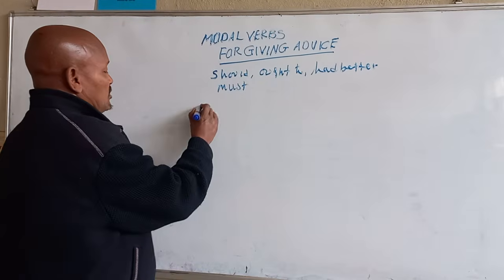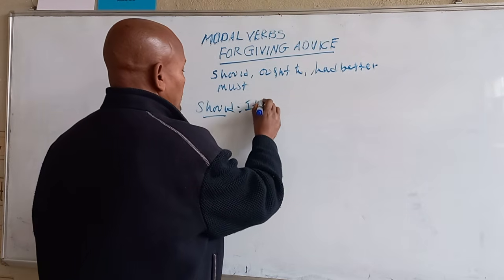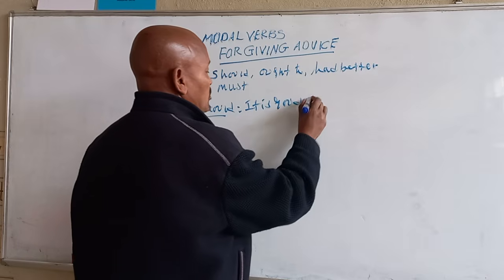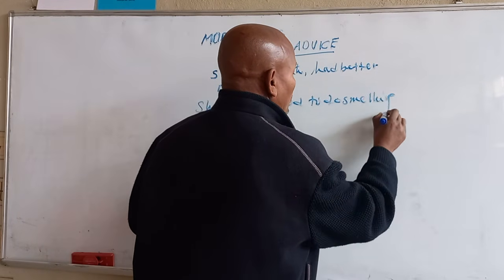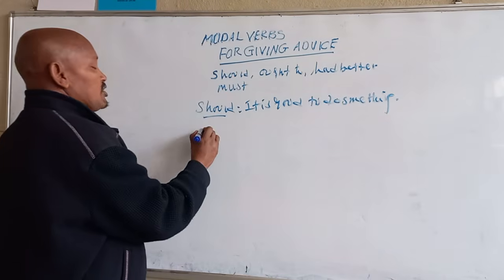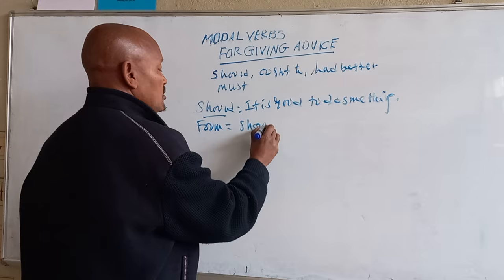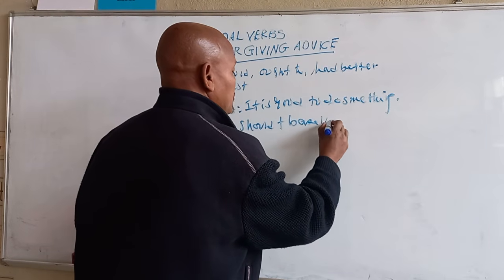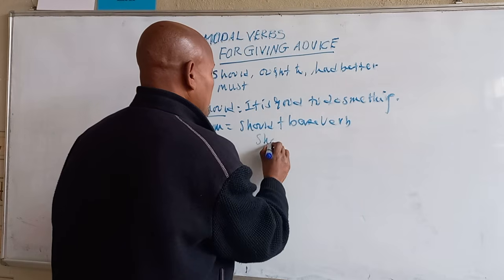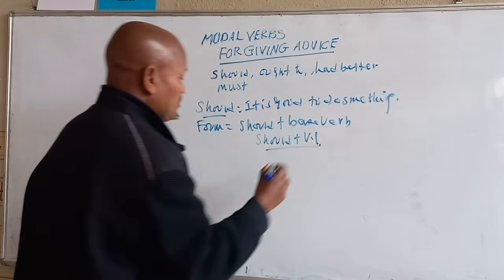The first one is should. Should by itself means it's good to do something. So this is the implied meaning of the word should. The form of should is should plus base verb, which is verb 1, the base form.